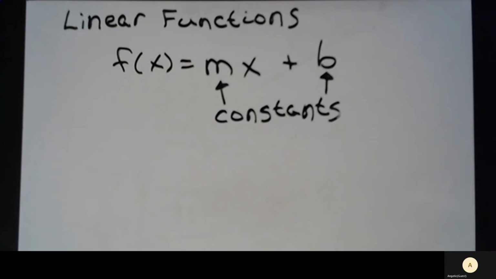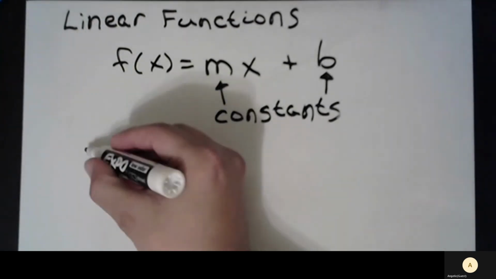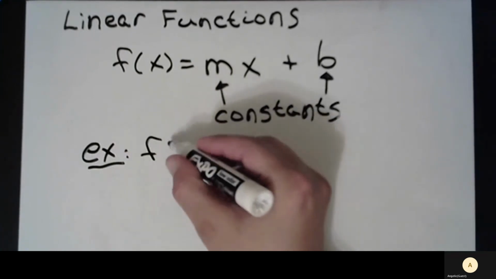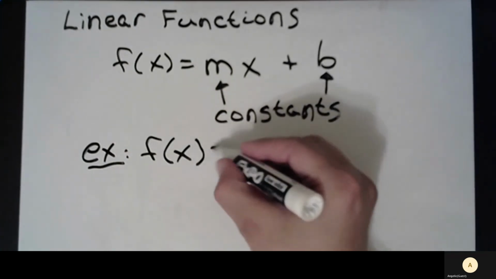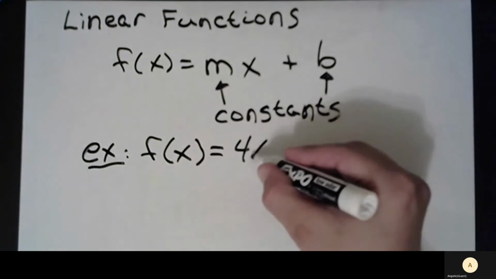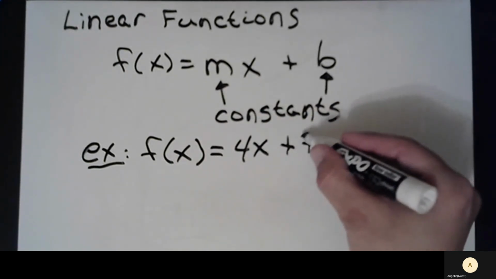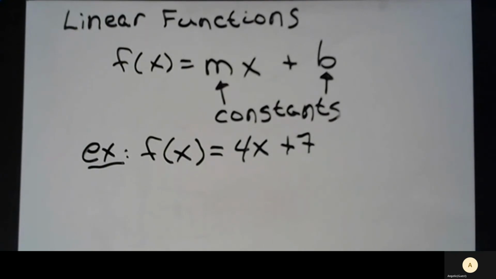So we treat these like the same functions we had in the last section, so you can generate points using these. For example, let's say we have f of x equals 4x plus 7.